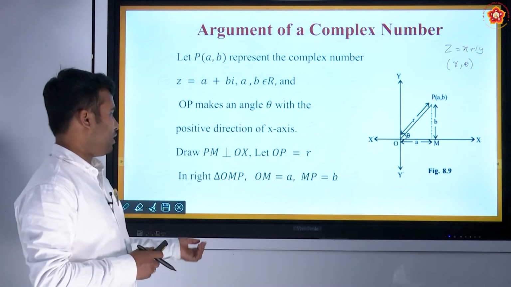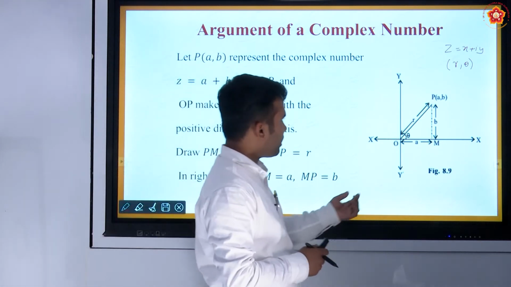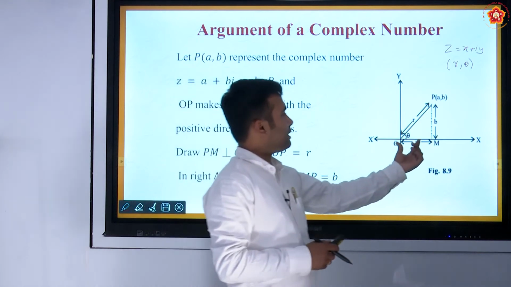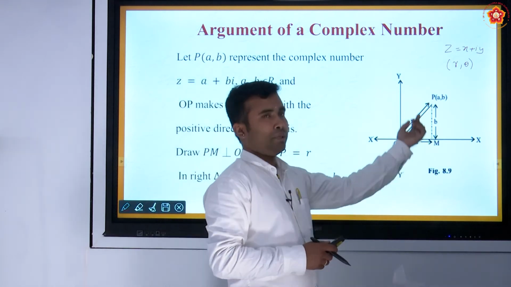And from the right angle triangle OMP, what is OM? OM is a, and MP will be b.